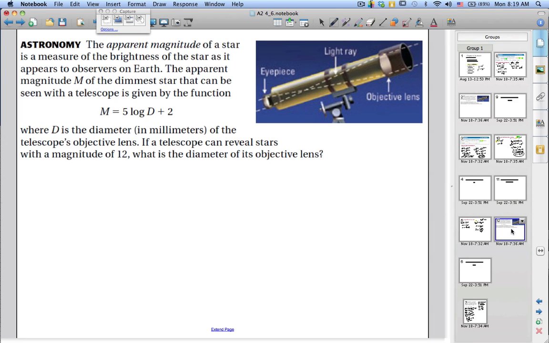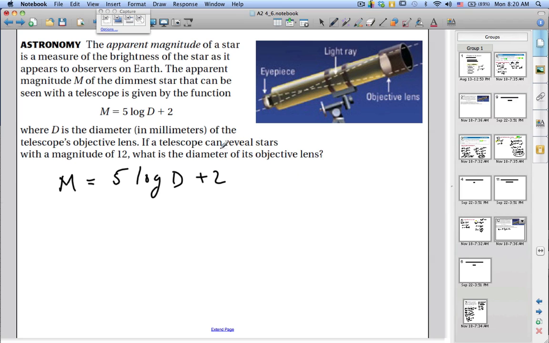So back to my astronomy problem. I'm going to be working with this function here. The magnitude m of the dimmest star that can be seen by my telescopes is 5 times log of the diameter of my telescope's objective lens plus 2.